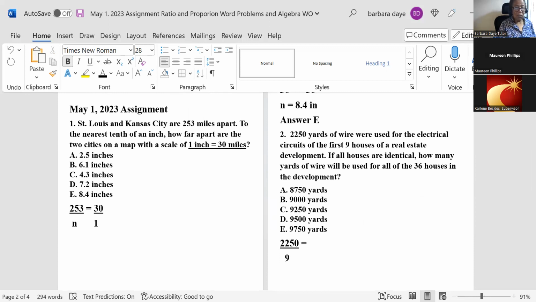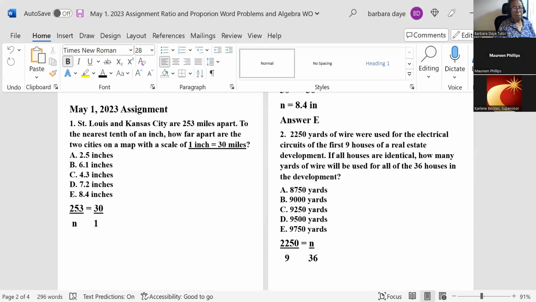That's yards. We're looking for yards, right? And if we had 36 houses, that would be over 36. Now, you could have done this without ratio proportion, right? How could you do it without ratio proportion?